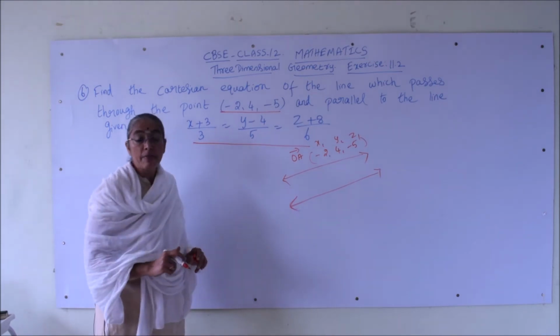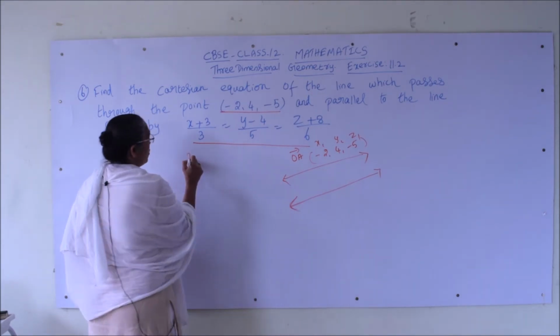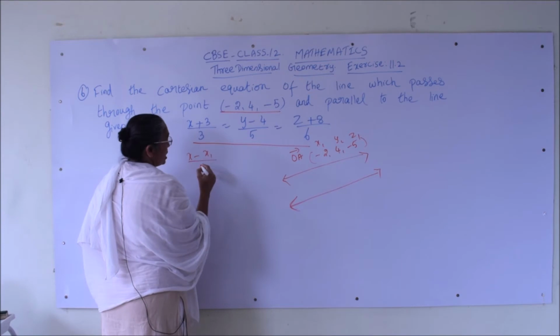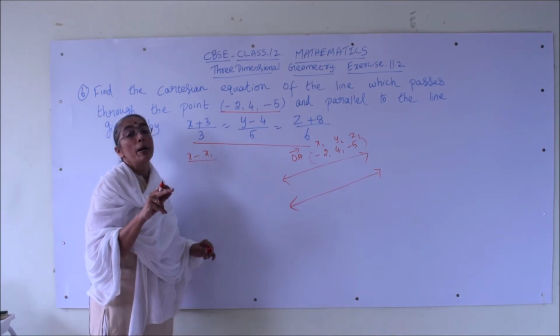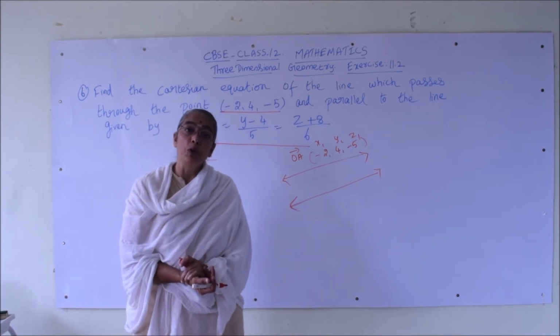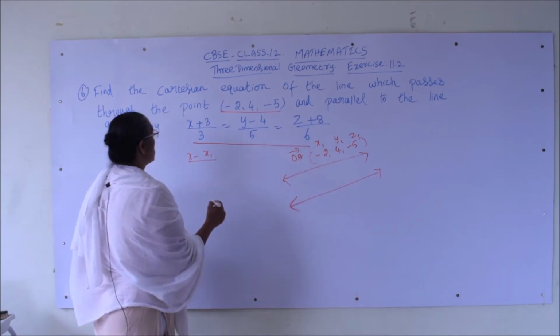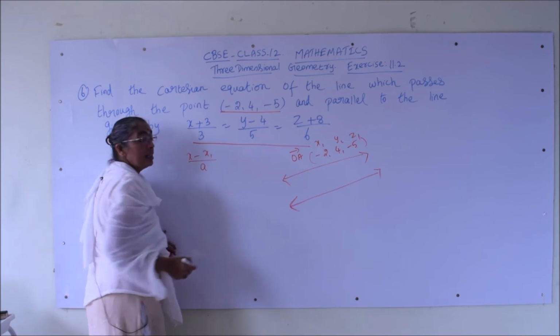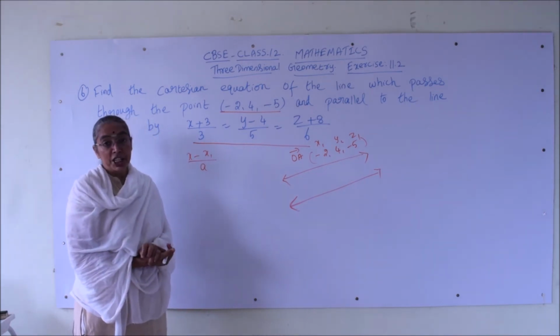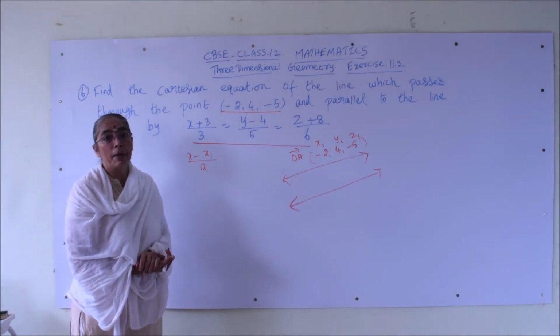Comparing this with the Cartesian form of the equation of a straight line x minus x1, in the previous problem I used the parallel vector as b1, b2, b3. In the book the formula is given as a, b, c, we can use it as a, b, c also, and parallel to the vector whose direction cosines, that is the DRs, are a, b, c.